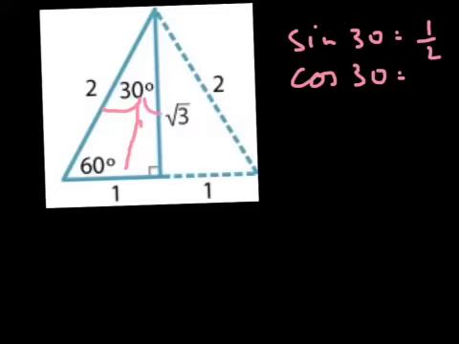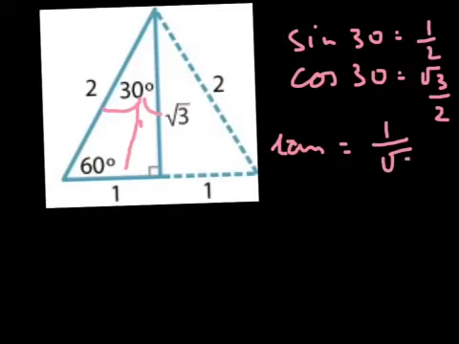Well, the adjacent side is root 3 over the hypotenuse, which is 2. And tan 30 is going to equal the opposite side. Well, opposite 30 is 1. And the adjacent, so that's root 3. So tan 30 equals 1 over root 3.